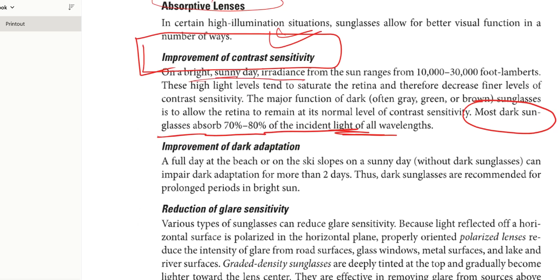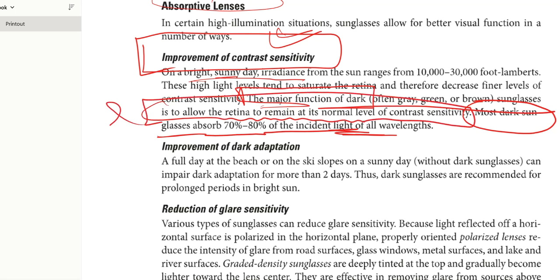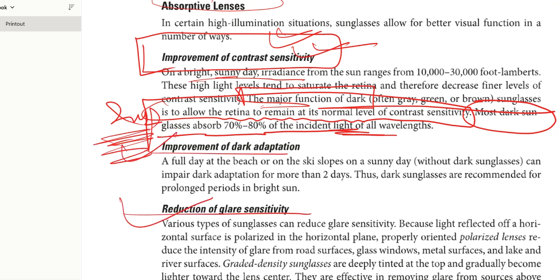On a bright sunny day, the major function of the dark sunglasses is to allow the retina to remain at its normal level of contrast sensitivity. Very important. Please read all this, reducing the glare sensitivity. All these topics are very important. Okay.